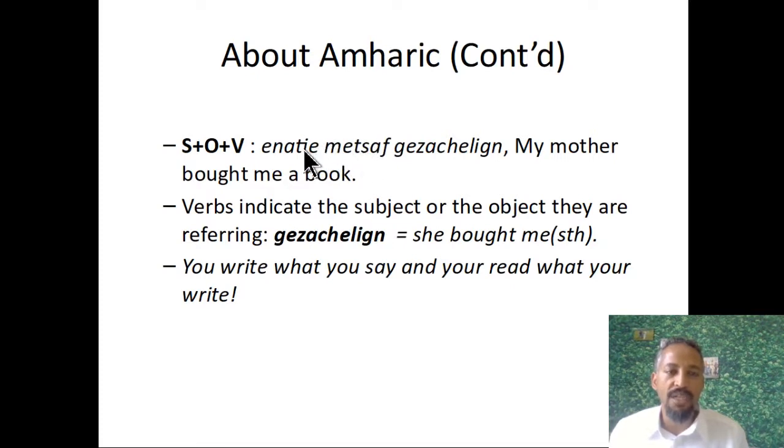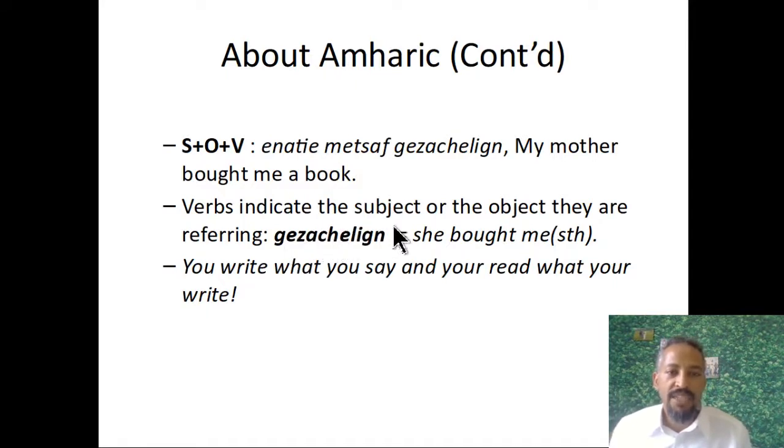Enate mezaf gazachilign: my mother bought me a book, or my mother bought a book to me. So subject, object, verb is the basic grammatical structure of the Amharic language.